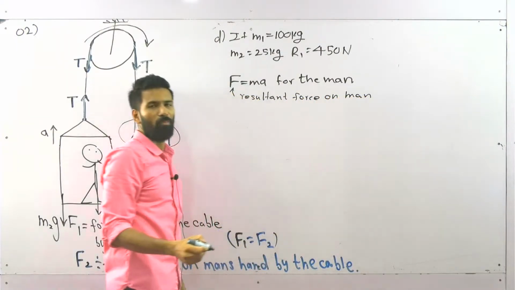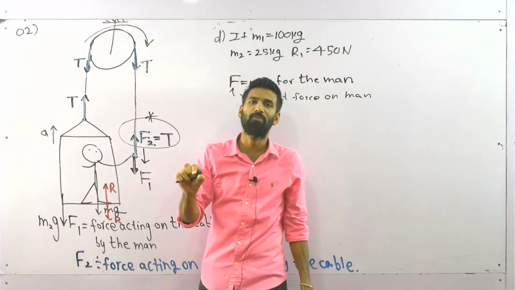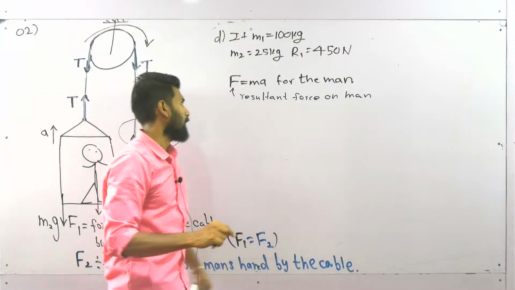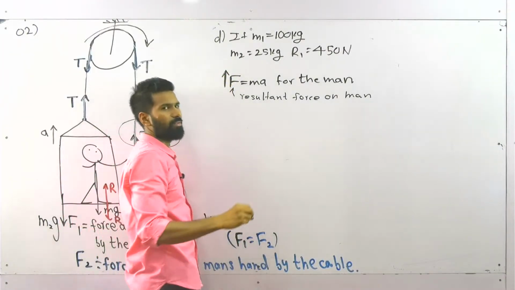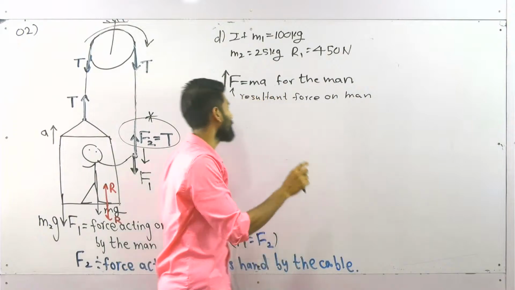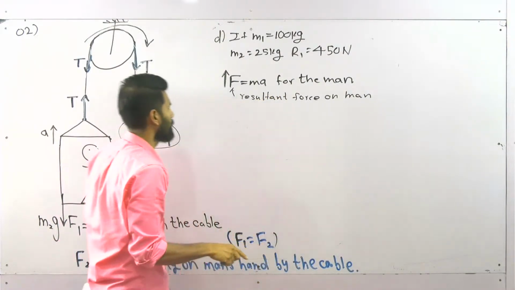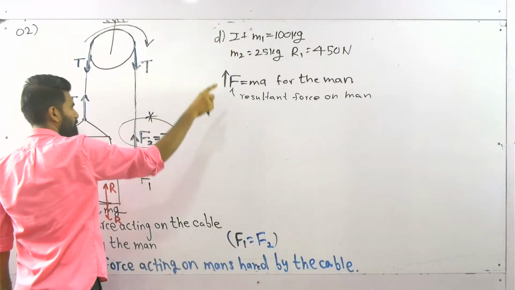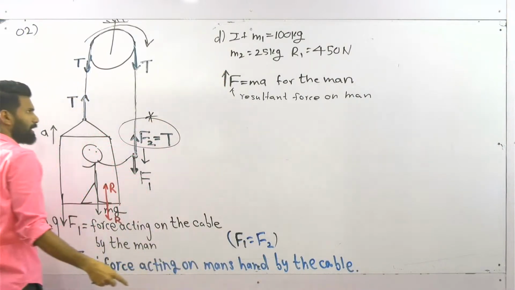If I apply F equals ma to a certain object, F denotes the resultant force acting on that object. I'm applying F equals ma upward, so this F denotes the resultant upward force acting on the man.